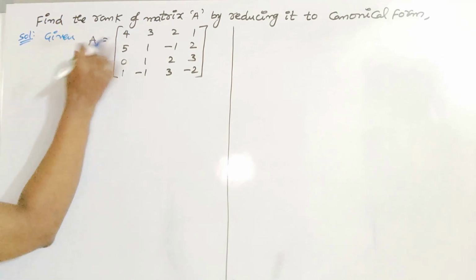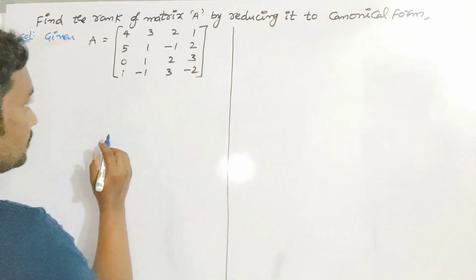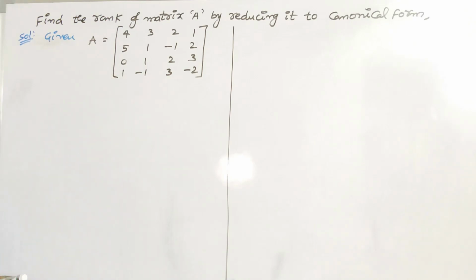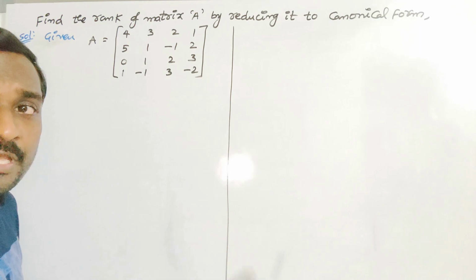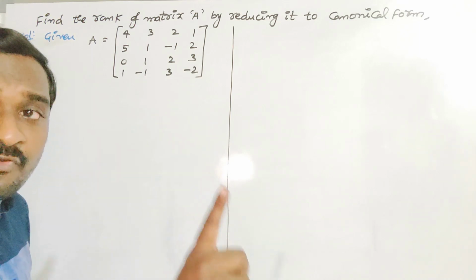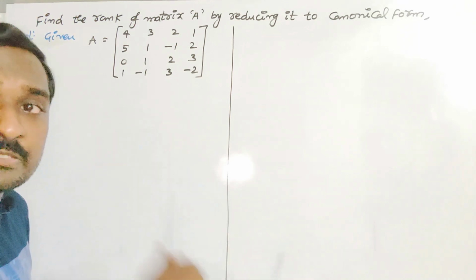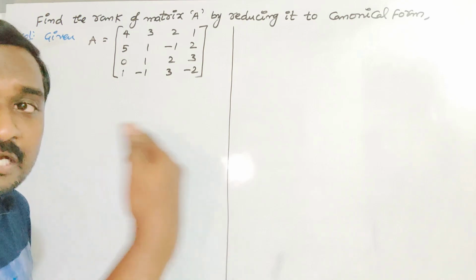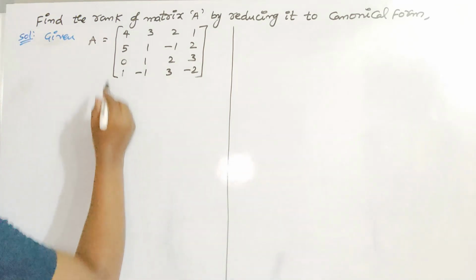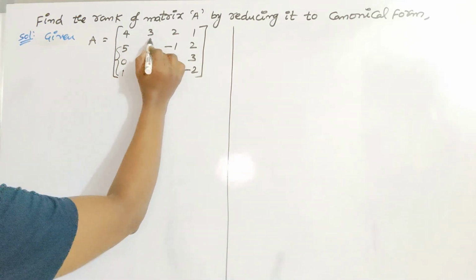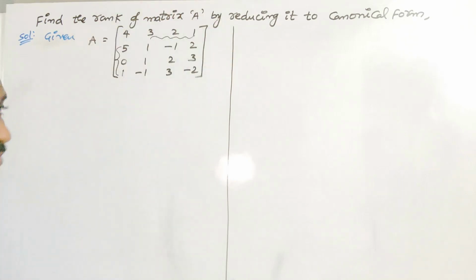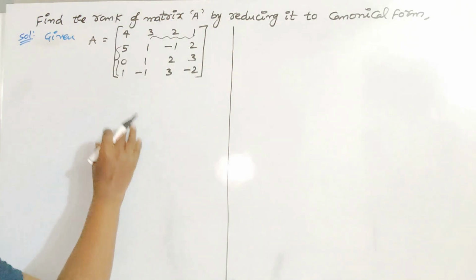The first pivot element is nothing but the A11 element, then A22, A33, A44. These elements are known as pivot elements. By using these pivot elements, we have to make the elements below to 0 and the elements next to them to 0. Always follow this procedure only.